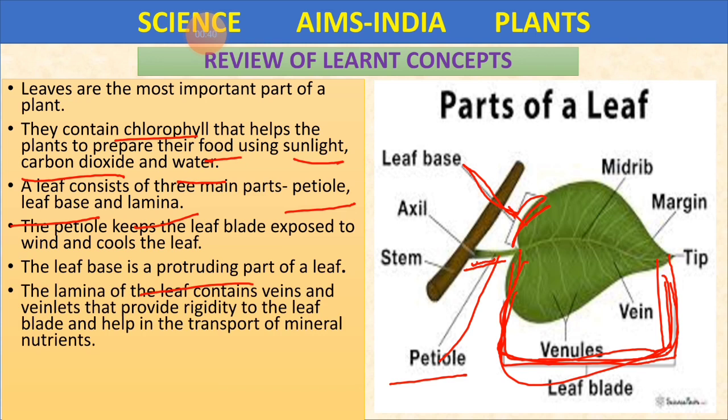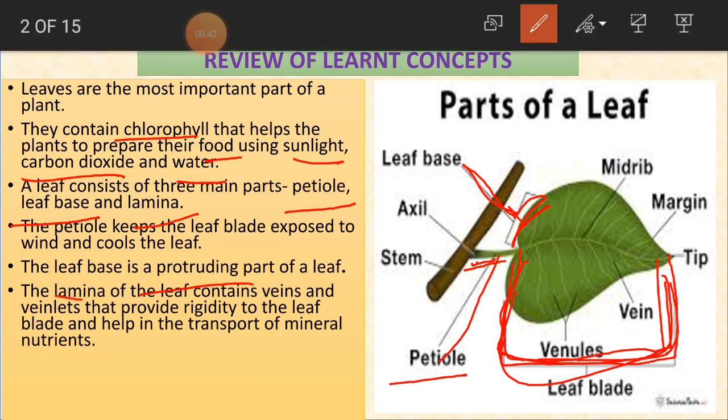Now, the lamina of the leaf contains veins and veinlets that provide rigidity to the leaf blade and help in the transport of mineral nutrients. What is the lamina? What does that lamina do? What we said, that lamina is a thin layer, like we said, veins. The leaf contains veins.